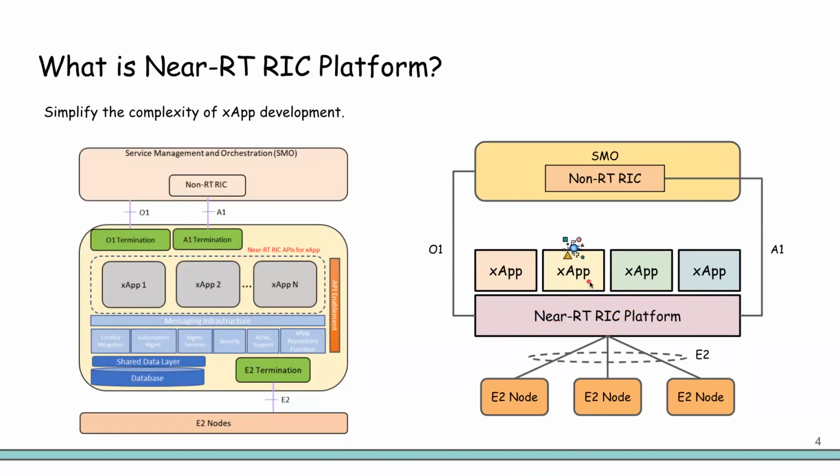This algorithm would optimize or control this base station, this E2 node. So we put this algorithm in the xApp, and the xApp can run on top of the platform. So we will focus on the Near-RT RIC platform and how OSC implements the functions defined by O-RAN.